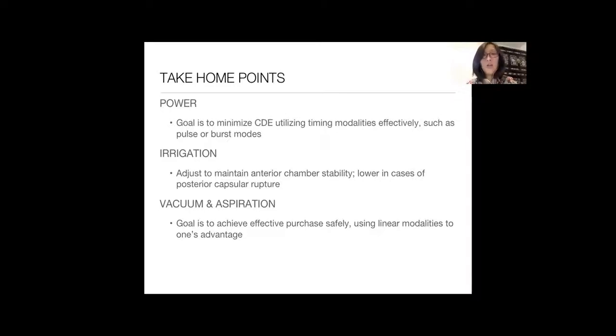Second is use your irrigation to maintain anterior chamber stability, but lower in cases where you need to make adjustments. So be aware of where your bottle height is. And number 3, your vacuum and aspiration. Your goal is to achieve effective purchase. So use your linear modalities to your advantage.